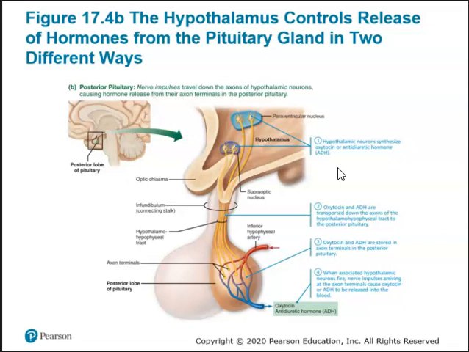These are then transported down the axons of the hypothalamo-hypophyseal tract to the posterior pituitary gland. Oxytocin and ADH are then stored in axon terminals in the posterior pituitary, and then when associated hypothalamic neurons fire, the nerve impulses arriving at the axon terminals cause either oxytocin or ADH to be released into the blood.